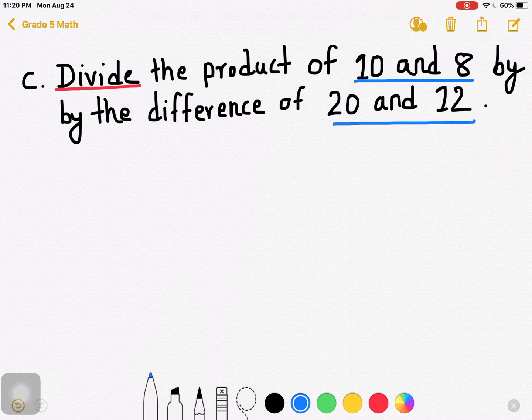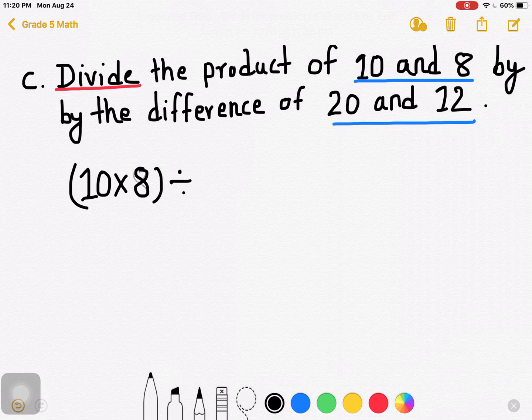Now let's make the problem here. Divide means we have to divide what? The product of 10 and 8.